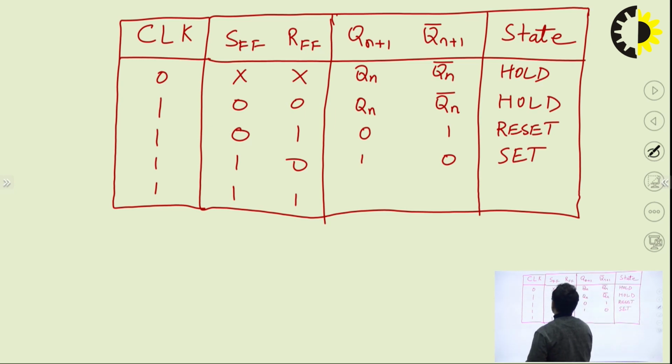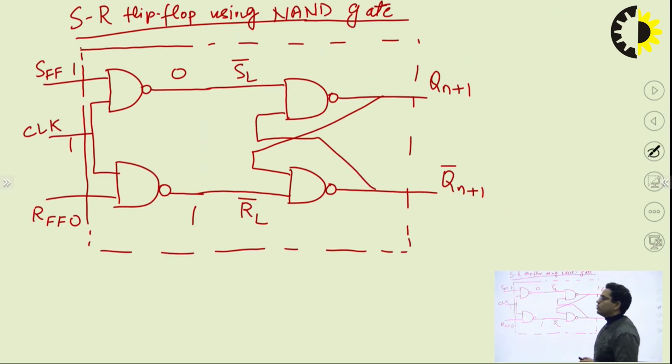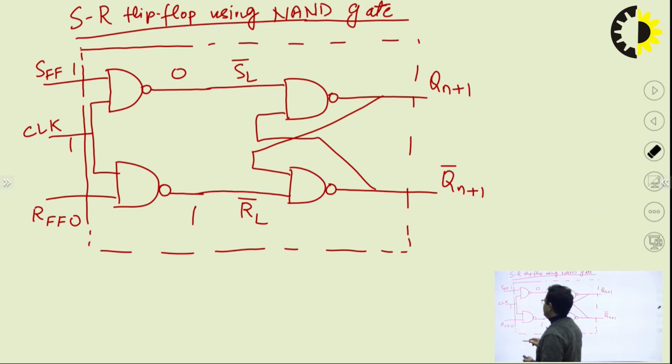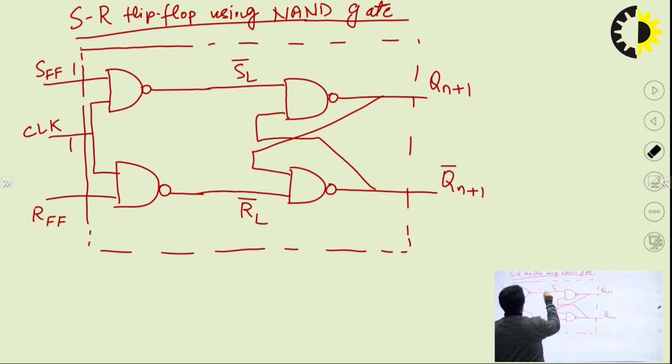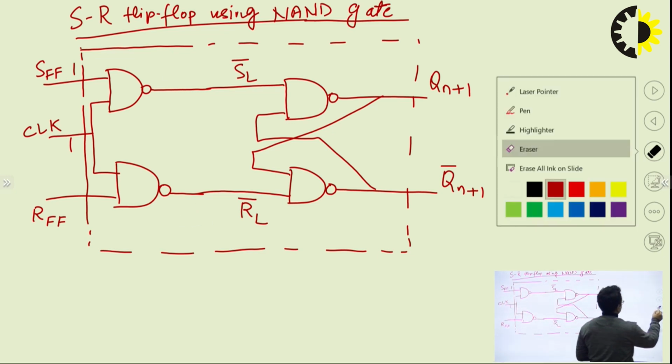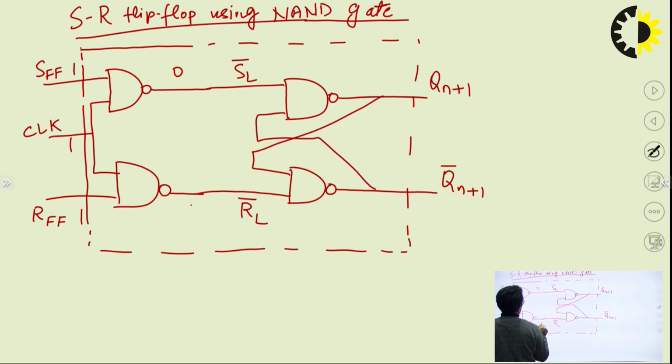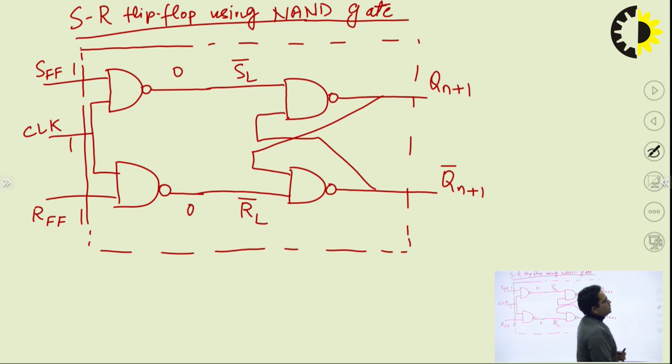Now for the input 1 1, how does the flip flop respond? With the input 1 1, the output will be 0 0. That means both terminals of the latch got the input at the same time.